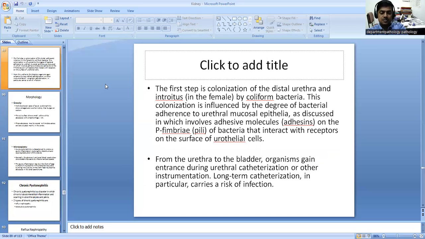The first step is colonization of the distal urethra and introitus in case of female by coliform bacteria.